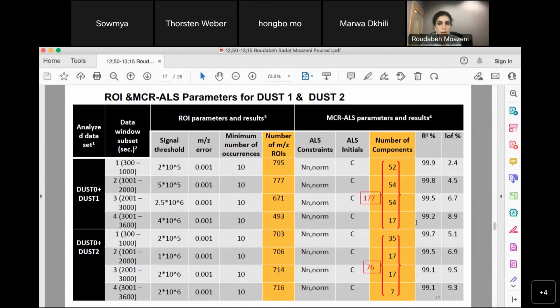The number of MCR components for the augmented data sets of dust 0 plus dust 1 was 177, and for dust 0 plus dust 2 was 76. The larger number of MCR components comes from the fact that they are real dust samples, and they include more chemical compounds. Please go to the next slide.